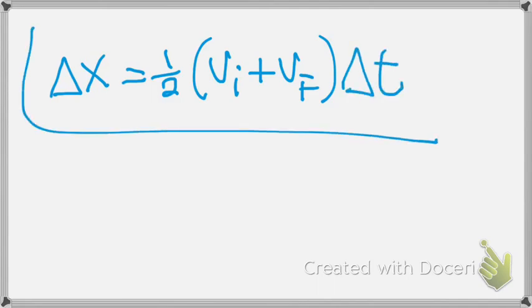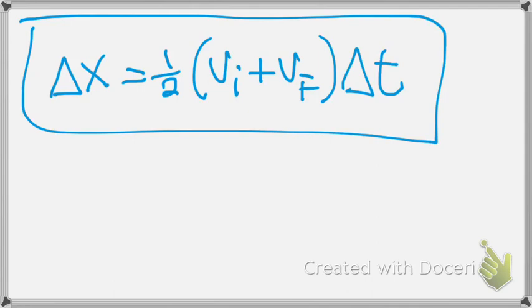So this is our first equation, an equation we can use when acceleration is constant to determine displacement from velocity and change in time.